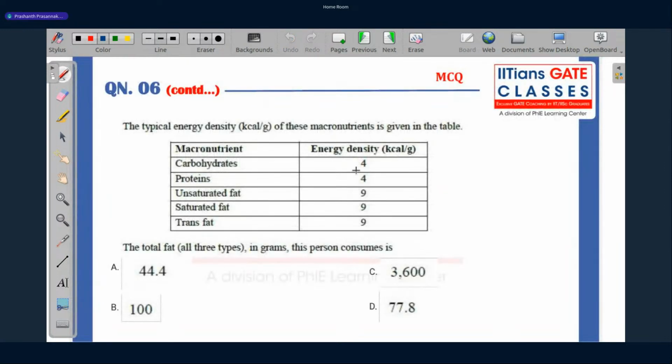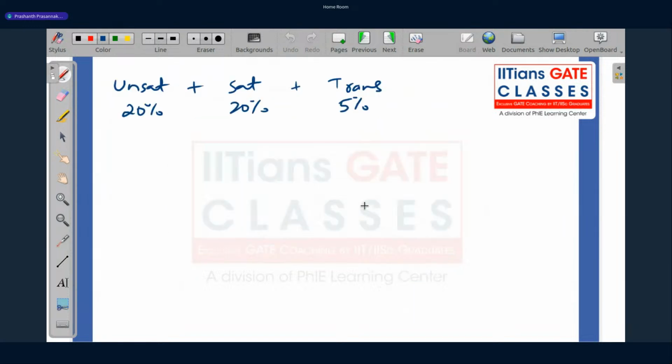And the energy density for each of these is 9, which is kilocalorie per gram. So I have to divide by 9. And finally, add all these three and multiply by 2000.